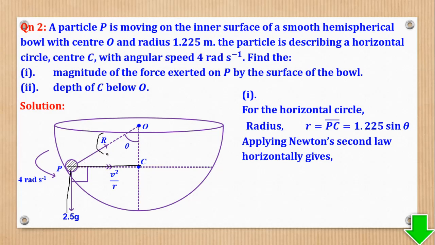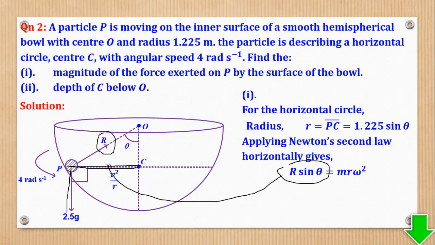Meaning the only force which will provide the necessary centripetal force will be the normal reaction. So the component of this normal reaction horizontally will provide the necessary centripetal force. That is why you see here R sine theta, which is the horizontal component, will be equal to the centripetal force.